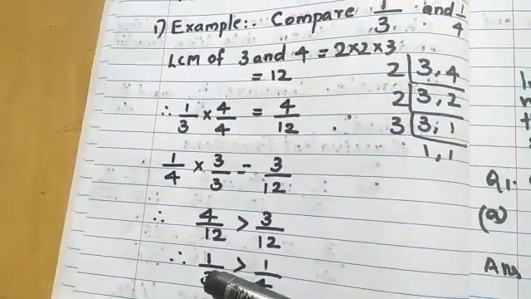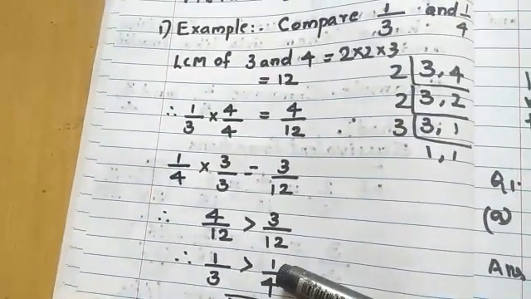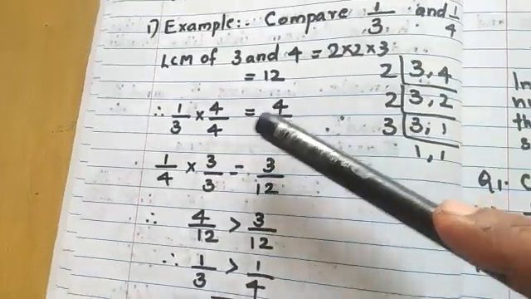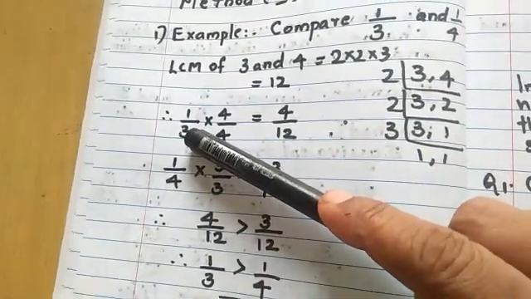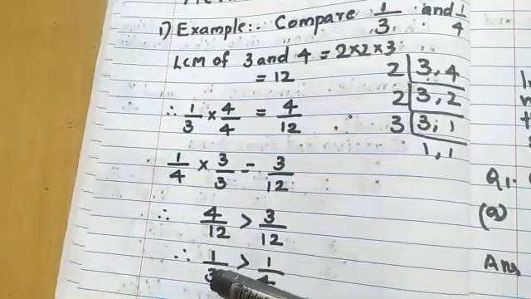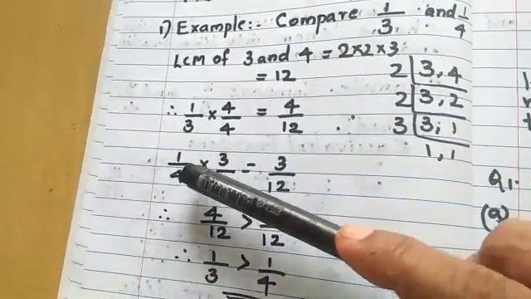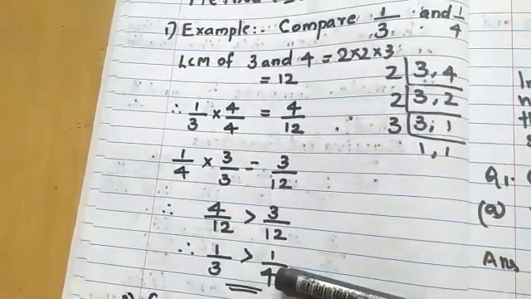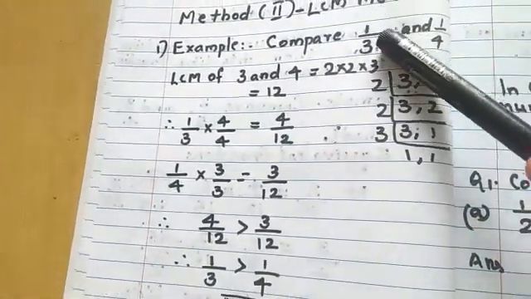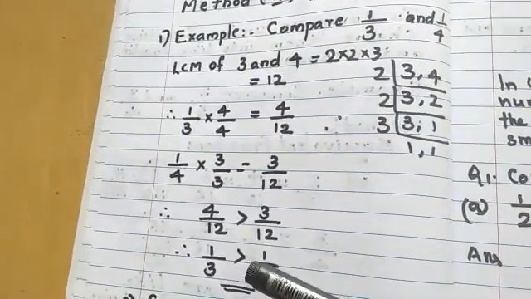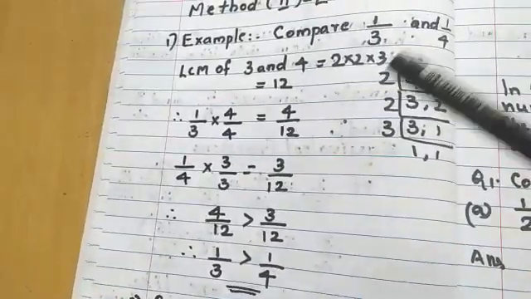So, we can write 1 by 3 greater than 1 by 4. 4 by 12 is equivalent to 1 by 3, and 3 by 12 is equivalent to 1 by 4. So 1 by 3 and 1 by 4 we compared and got 1 by 3 greater than 1 by 4.